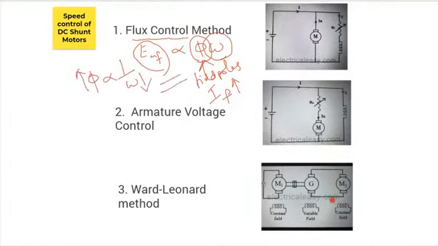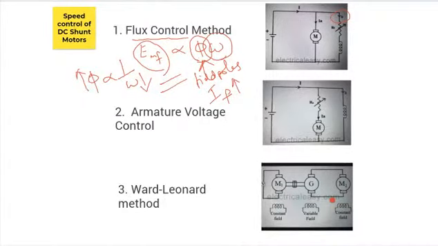So this is how it is working. When I vary this resistance value, my current in the field winding will vary. If I increase this resistance, the current flowing through this winding will decrease. So obviously my flux will decrease and speed will increase, right? So this is how the flux control method is used.